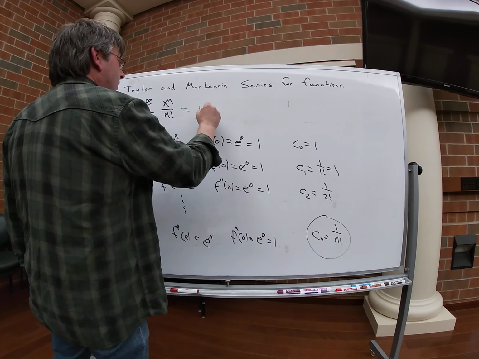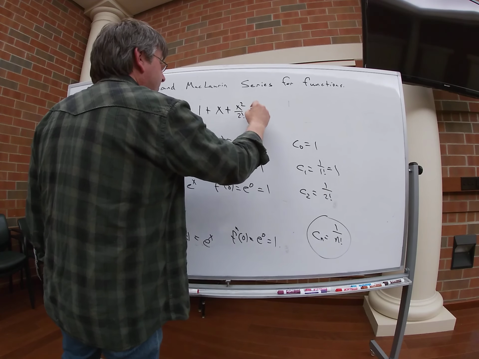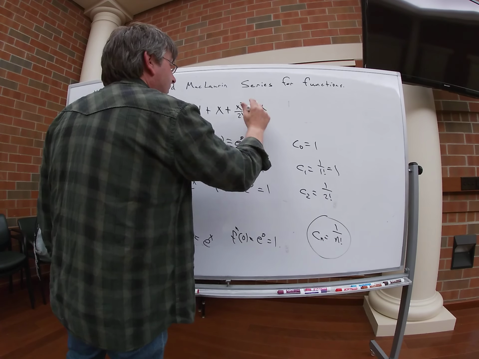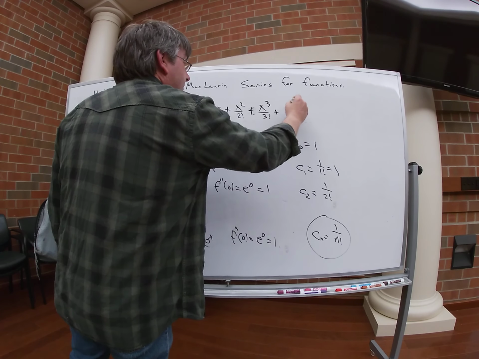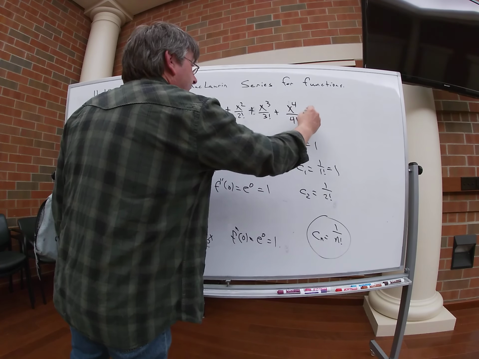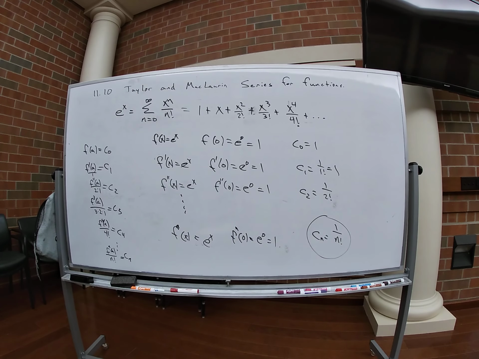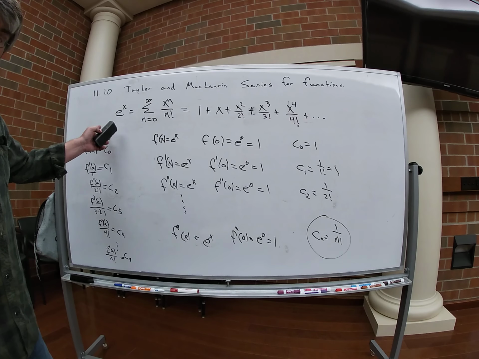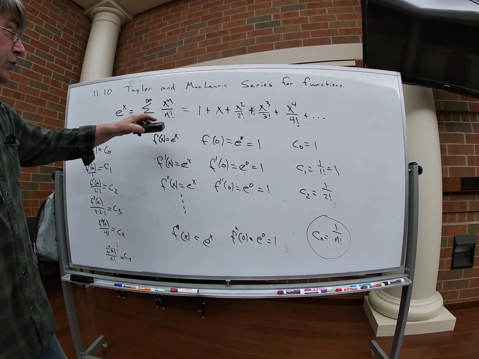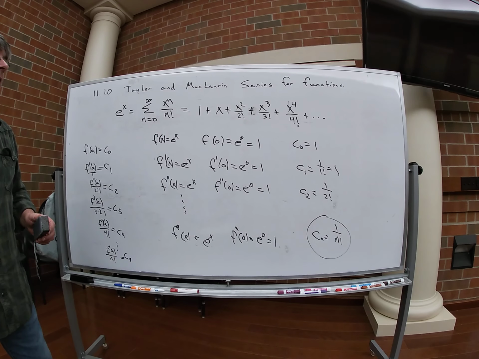This is 1 plus x plus x squared over 2 factorial plus x cubed over 3 factorial, x to the 4th over 4 factorial, etc. Okay. We now know what that series converges to. It wasn't a geometric series, so we couldn't figure that out, but now we know it's e to the x.